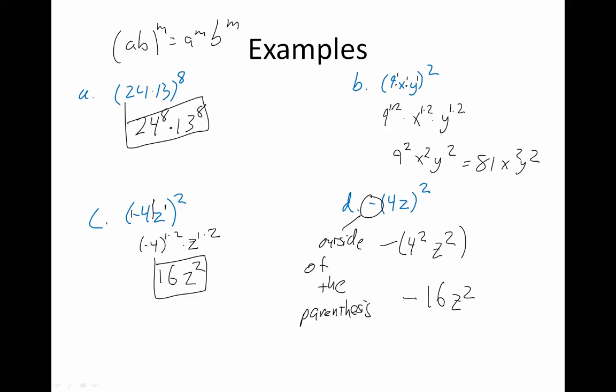This is why I was saying those parentheses are so important, because if the negative is outside of the parentheses, the negative stays there. When the negative is inside the parentheses, it's a negative times a negative, which makes it a positive, right? Notice the difference. It is very fine. Be careful, okay?